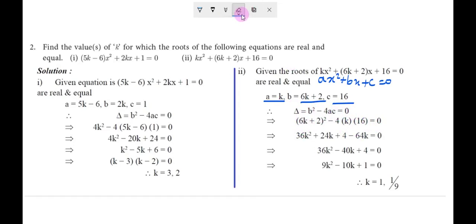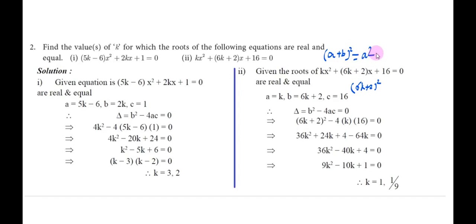So this is of the form a plus b the whole square, so 6k plus 2 the whole square. Okay, what is a plus b the whole square? We know that, and I have sent the video also how a plus b the whole square comes. If you want you may refer that. Okay, so a square plus 2ab plus b square.